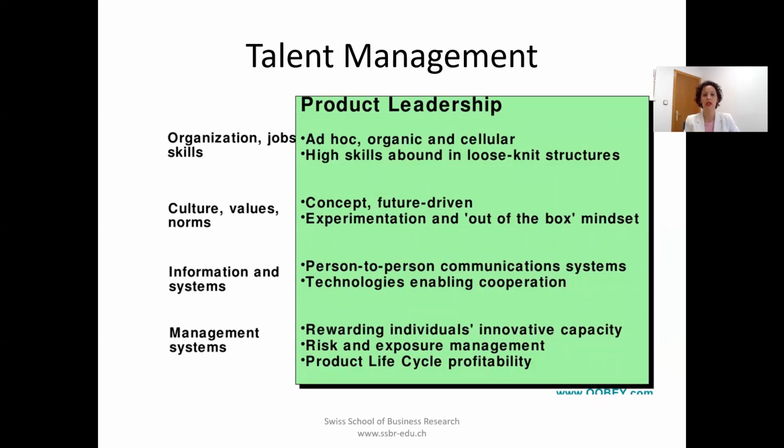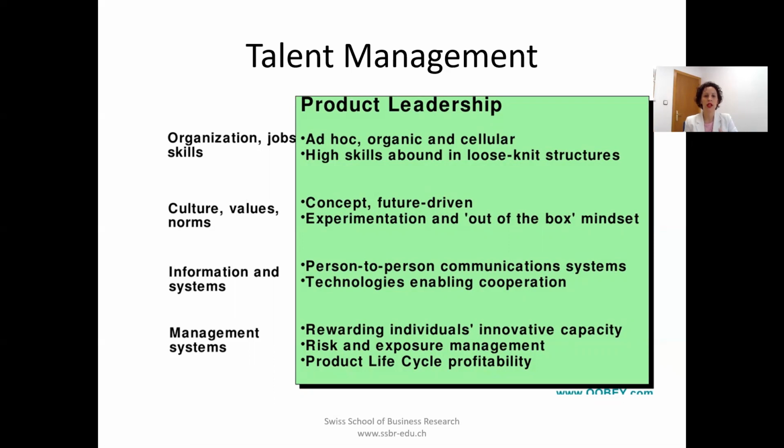Since these kinds of companies are much more innovative in their approach, this is what they want their people to do. So for example, in terms of the organization, we can see that there are high skills in the majority of these structures, but these structures are loose-knit, where there can be one hierarchy for one project and a completely different hierarchy for another project. As you can see, it's something more ad hoc.